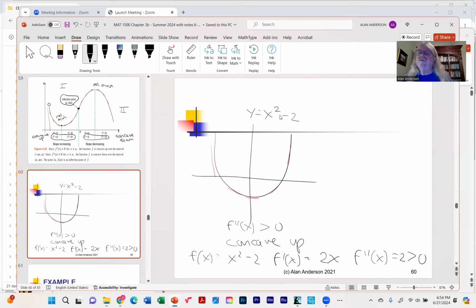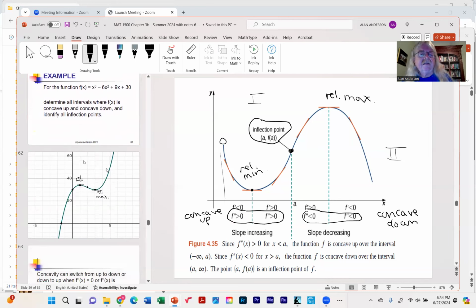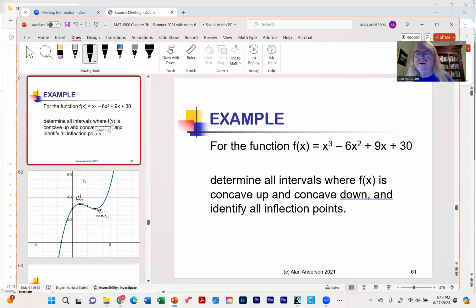And the same thing would be true for a downward facing parabola, where it would be concave down throughout the entire function. So there's no guarantee that there will be an inflection point. But if it's there, we want to know how to find it. Okay. So here's the function we're considering.